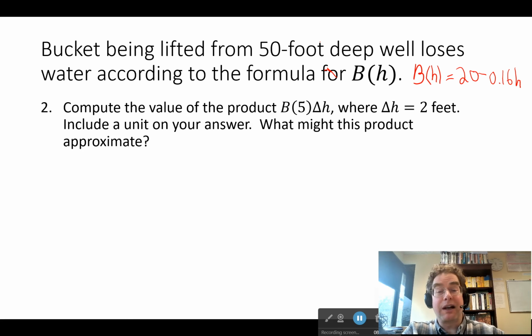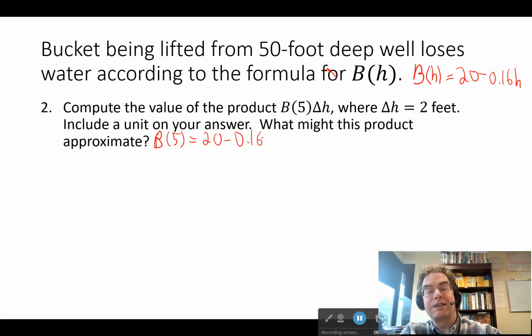So b of 5, we could compute that to get started. We've got our formula up there. It'll be 20 minus 0.16 times 5. And so that's 20 minus 0.8, which is 19.2.